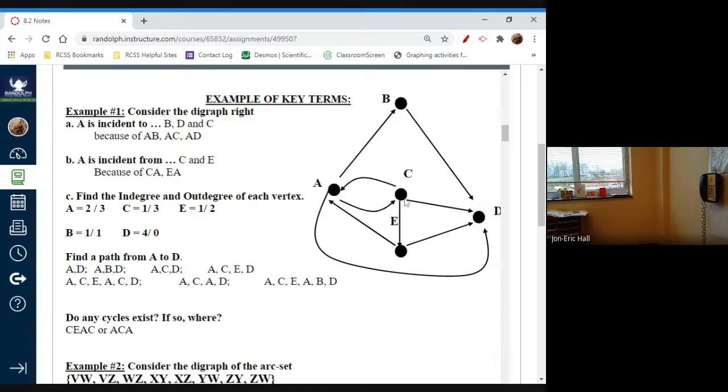A back to C, and then C to D. We could go AC, CA, AD. You don't have to do all of these. I'm just showing you a bunch of different representations.